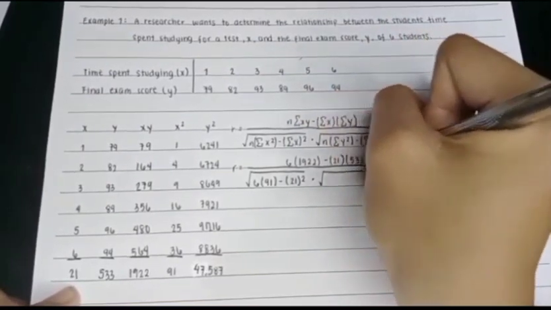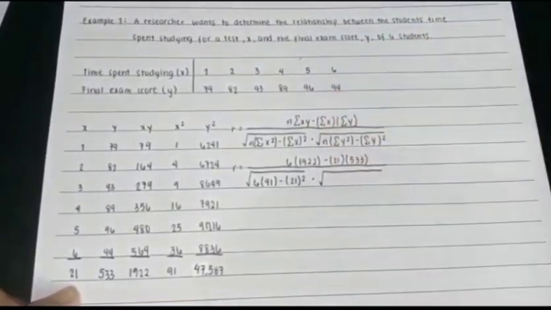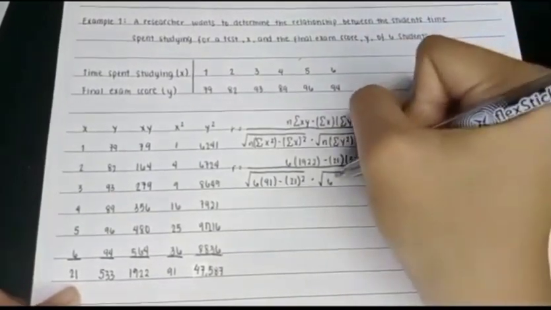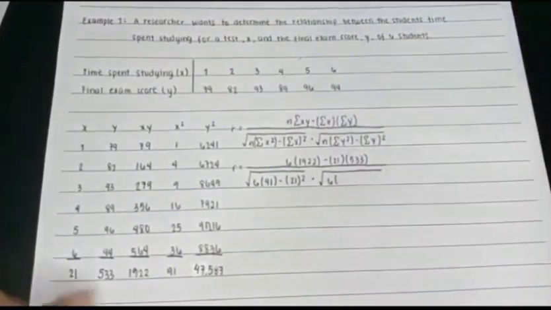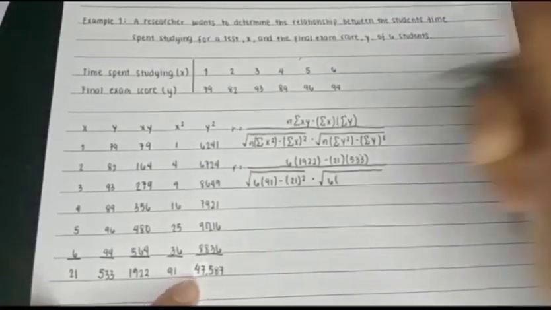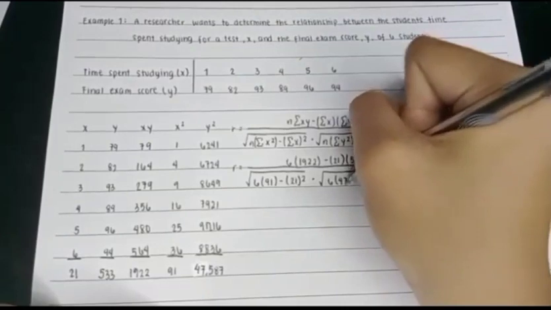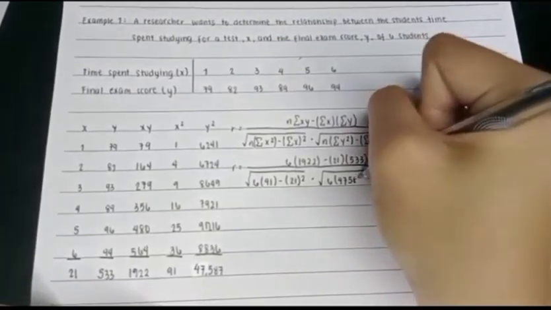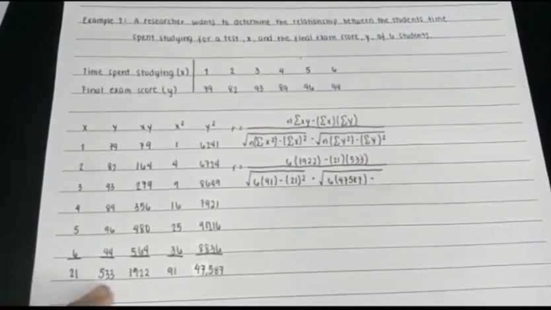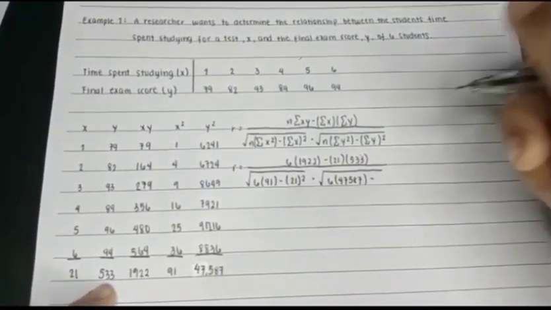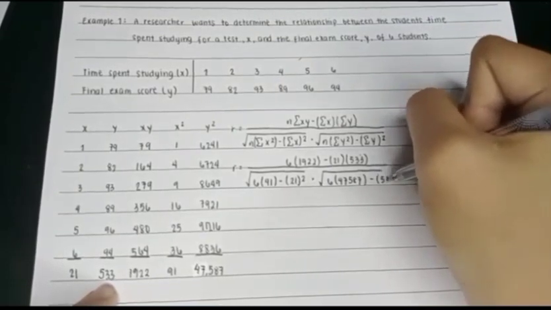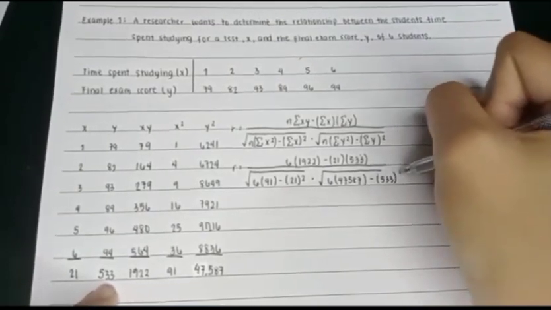Then n, which is 6, and the sum of our y squared is 47,587, minus the sum of our y, which is 533, then squared.